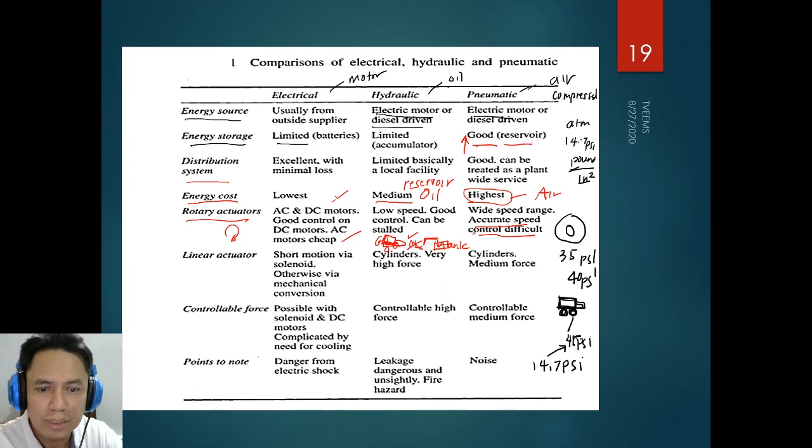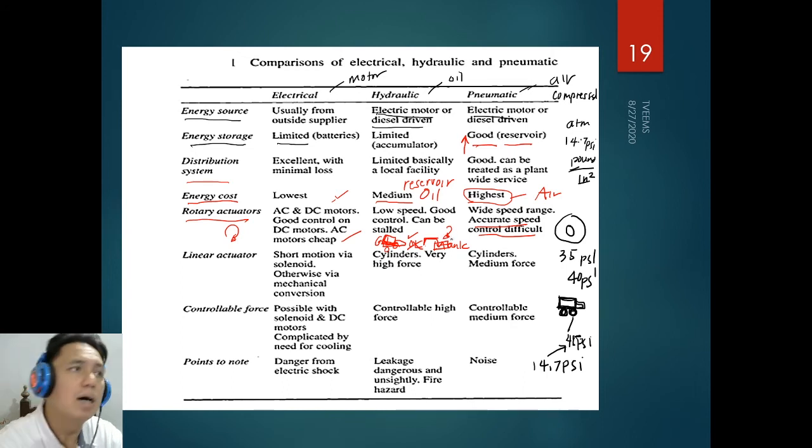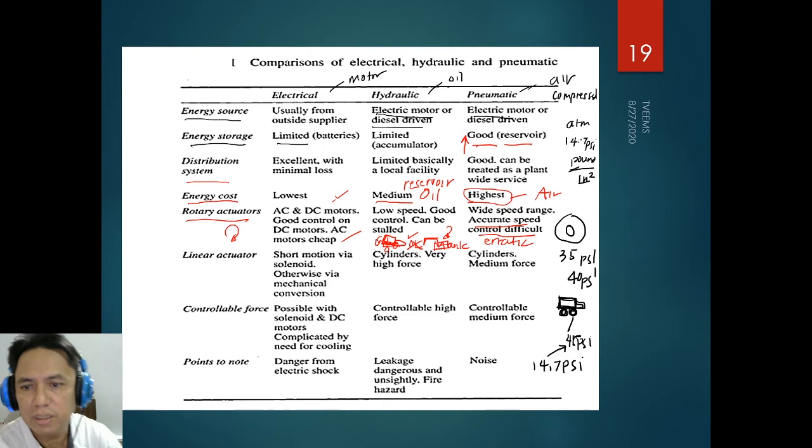And when you compress the air again, the pressure goes up, and the pneumatic rotary motor will increase its speed again. So it is kind of difficult or erratic in terms of rotary motion.